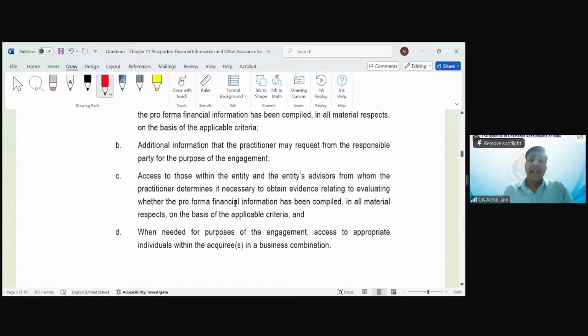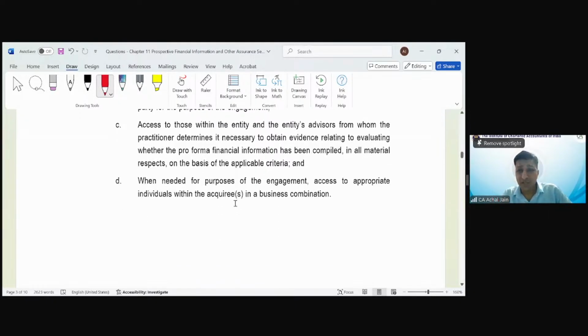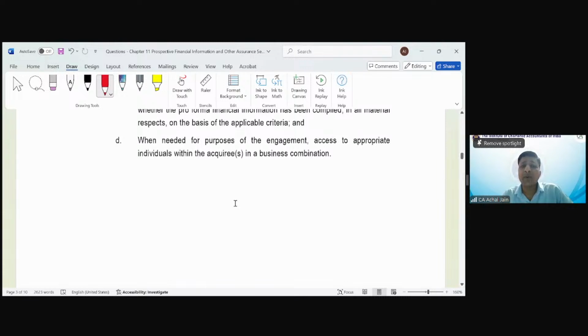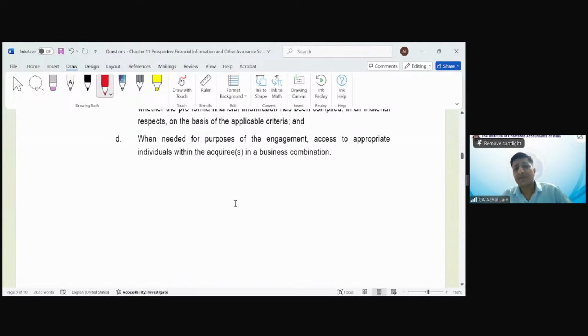Access to those within the entity and entity's advisors from whom the practitioner determines it necessary to obtain evidence, which is again relevant. When needed for the purposes of engagement, access to appropriate individuals within the acquiree in a business combination.